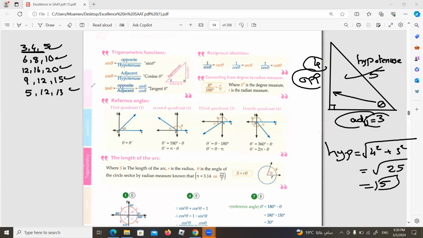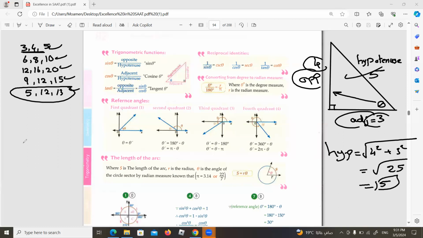These are special cases for some famous triangles. You must know them. This is from GAT. 3, 4, 5, multiply by 2, multiply by 2, multiply by 3, and then the last one is an ordinary special case: 5, 12, 13.